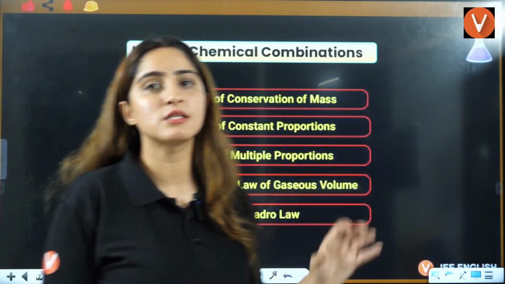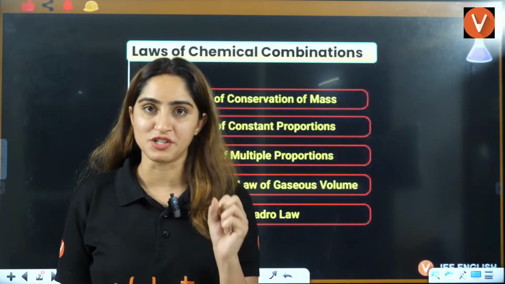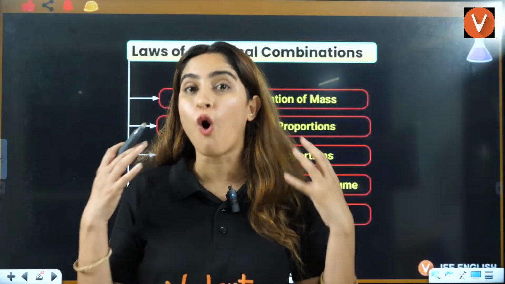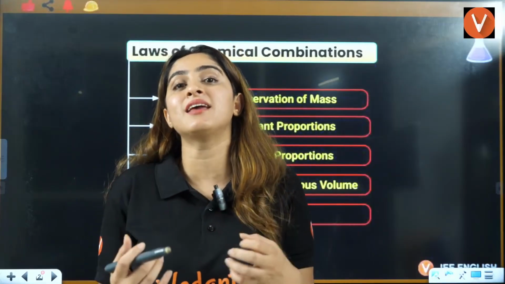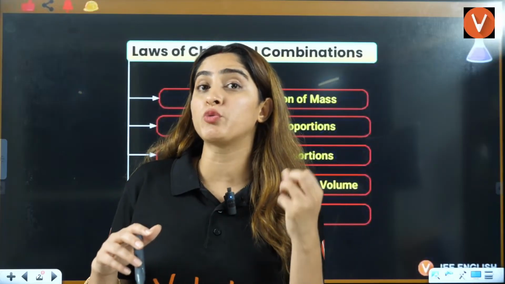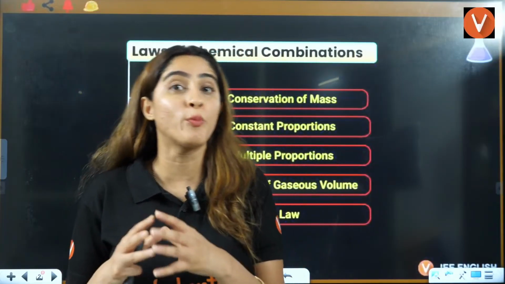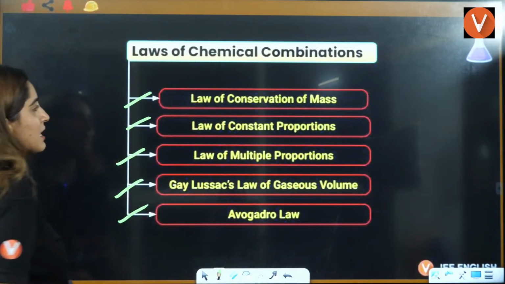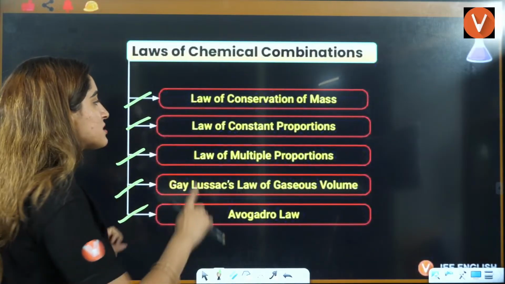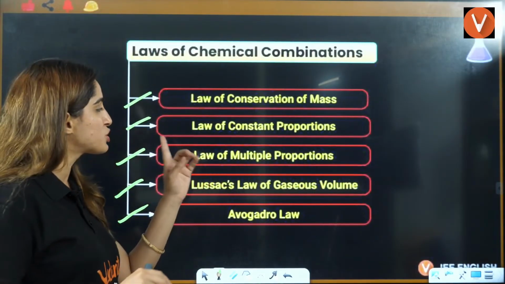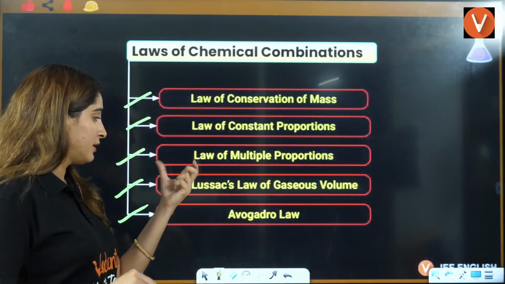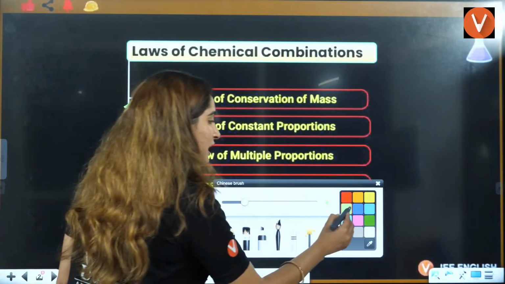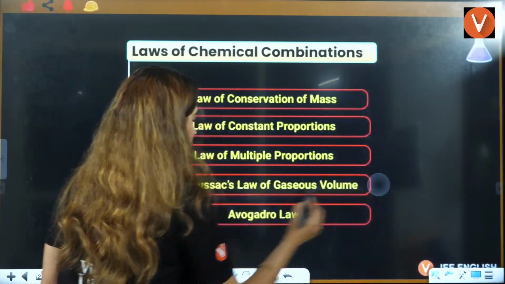Now, students, first we have the laws of chemical combinations. We are studying chemistry, so we need to understand what laws are obeyed when a reactant is converted to a product. We have these 5 major laws: law of conservation of mass, law of constant proportion, law of multiple proportion, Gay-Lussac's law of gaseous volume, Avogadro's law, and the last one is a surprise law for you.